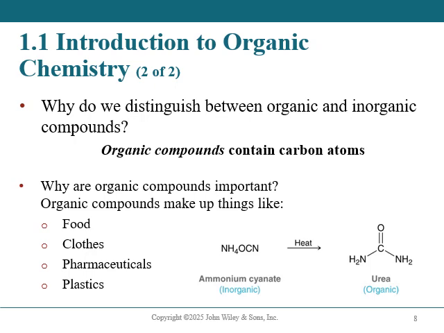Organic compounds are extremely important because they make up many of our everyday items such as food, clothes, pharmaceuticals, and plastics. Carbon's ability to form multiple stable covalent bonds allows it to create a huge variety of complex molecules. You can see here, for instance, you can also go from an inorganic component to a highly organic component such as ammonium cyanide into urea.